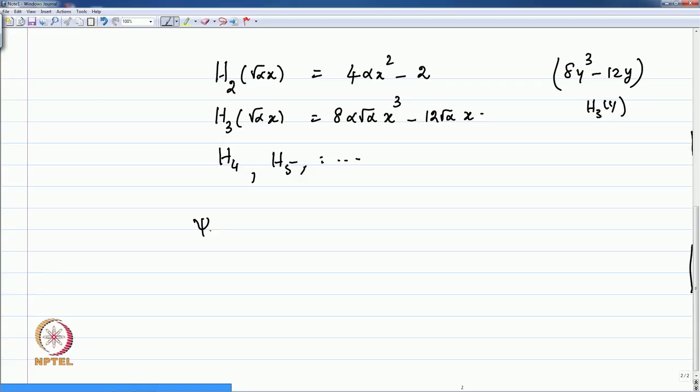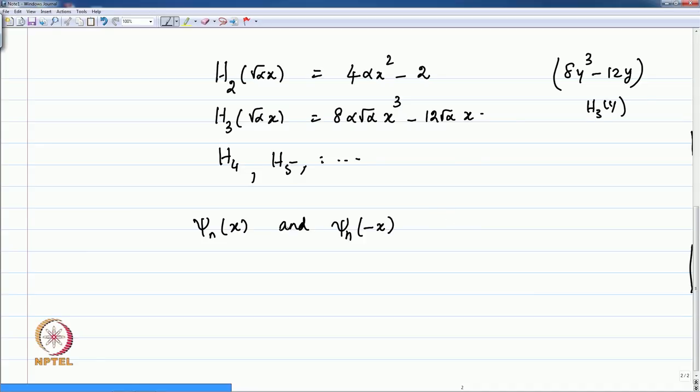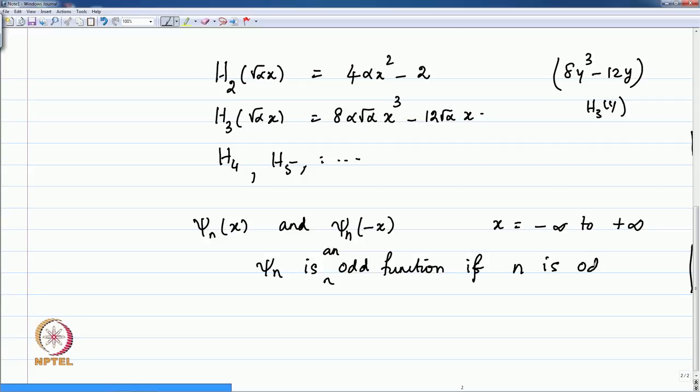That is, if you consider the wave function psi n of x and psi n of minus x, since you know that x can take values from minus infinity to plus infinity, that is on either side of the oscillator's equilibrium position, then psi n of x and psi n of minus x have this property: psi n is an odd function if n is odd, and psi n of x is an even function if n is even.